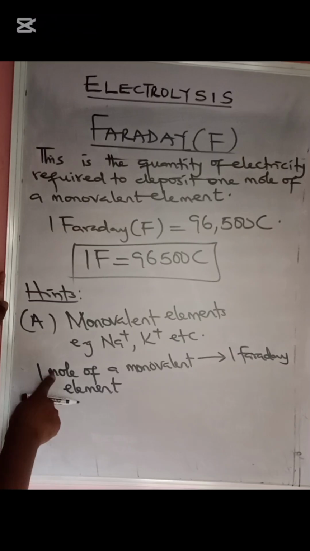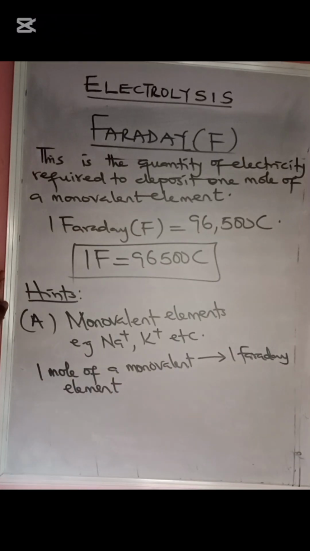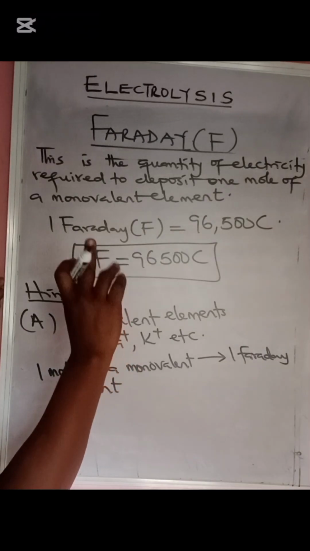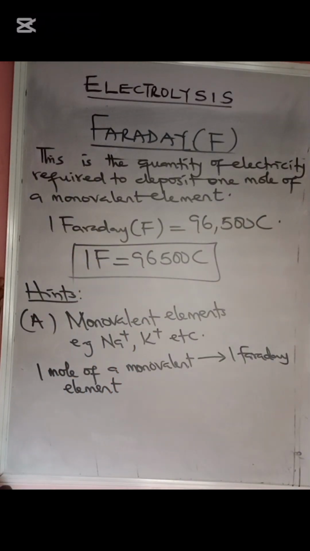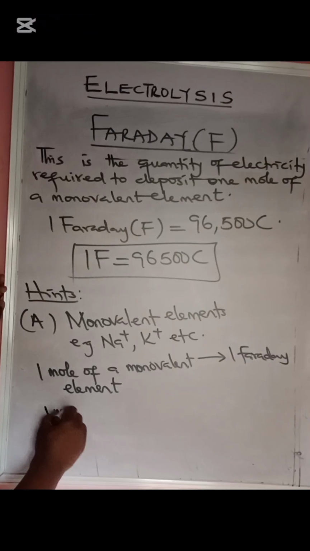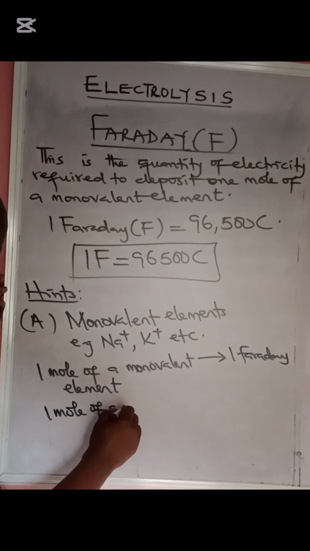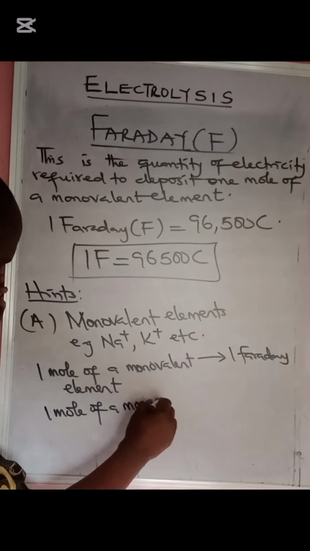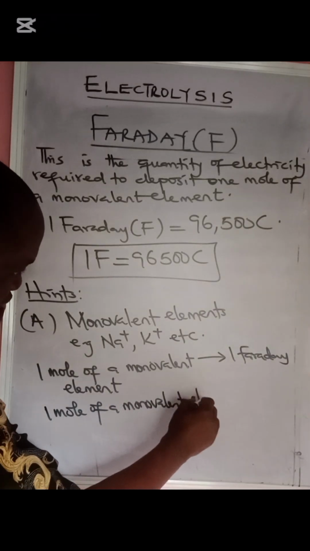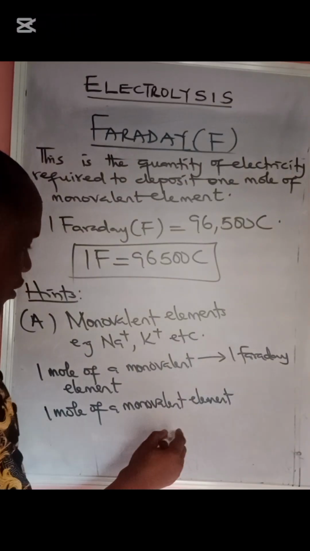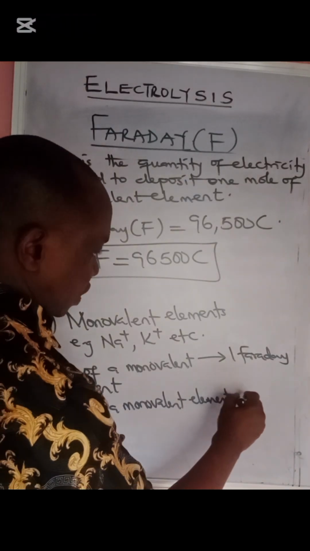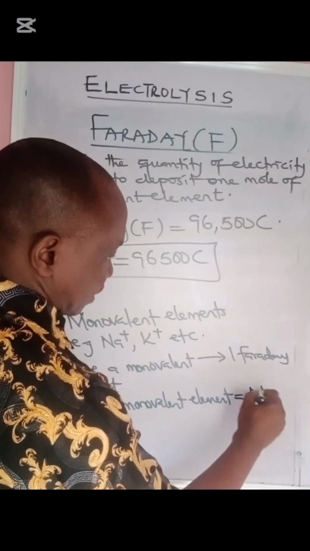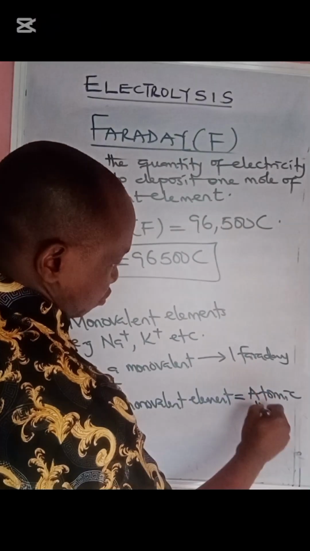Take note of that. 1 mole of a monovalent element is equivalent to its atomic mass.